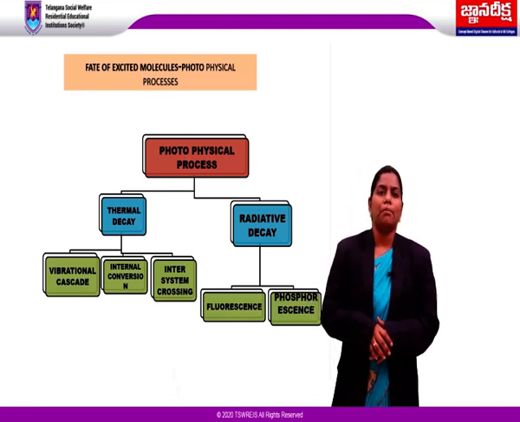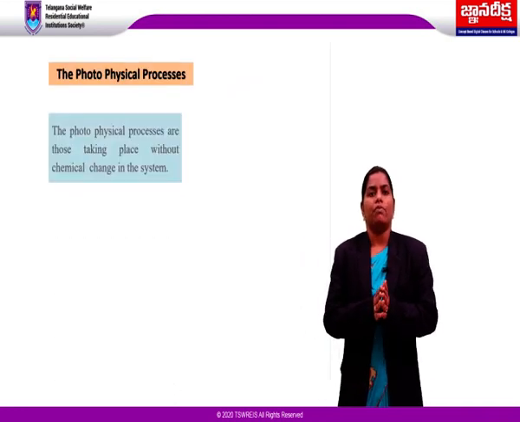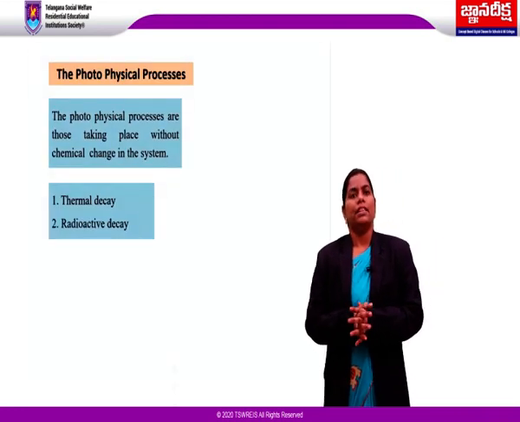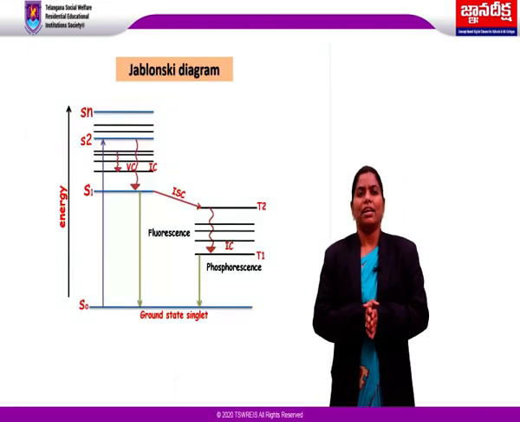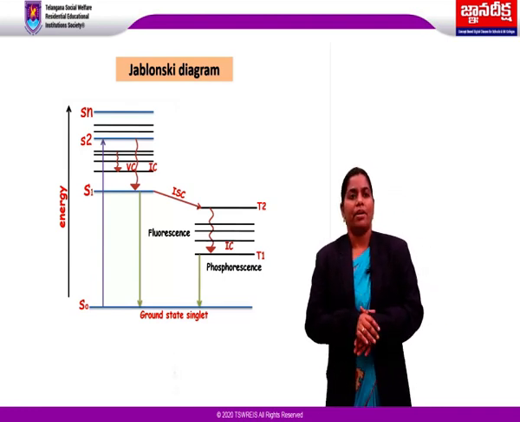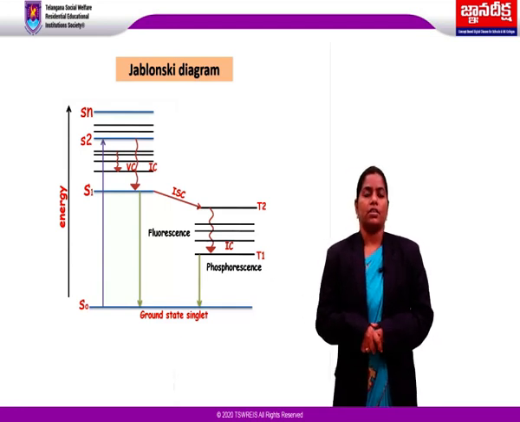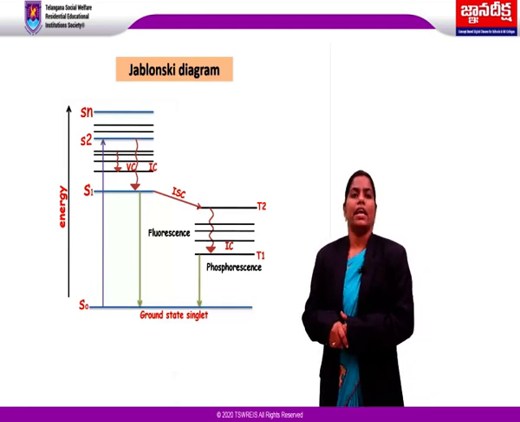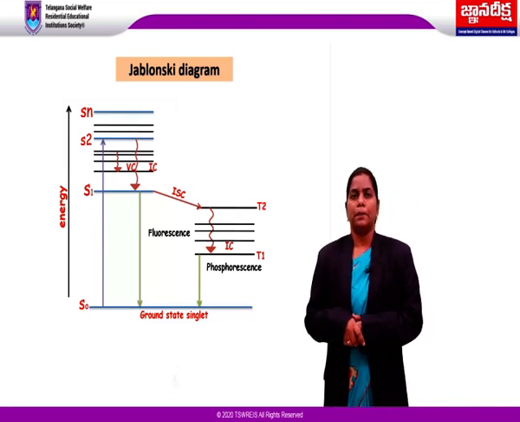One is thermal decay, the other is radiative decay, which is well explained using the Jablonski diagram. The thermal decay is again classified into 3 types: vibrational cascade, internal conversion and intersystem crossing, whereas the radiative decay is classified into fluorescence and phosphorescence.